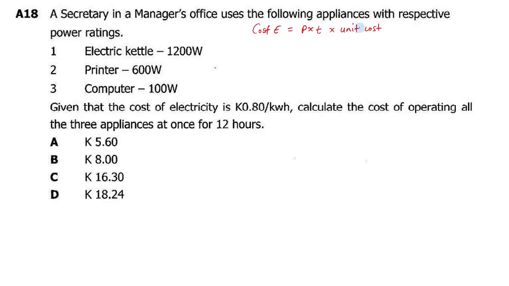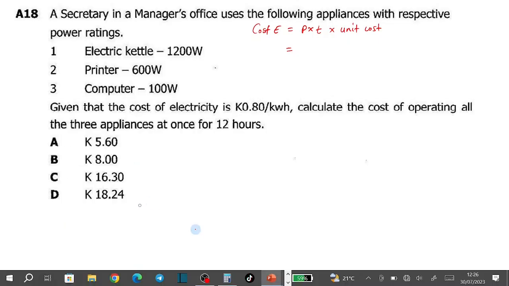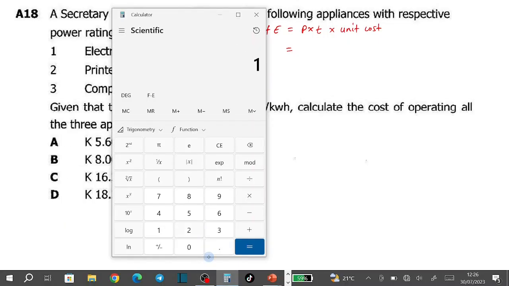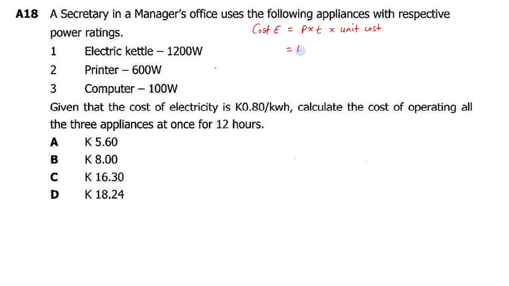So calculate for each. For the electric kettle, we divide the power by 1000. 1200 by 1000 will be 1.2. So here power is 1.2 times time.